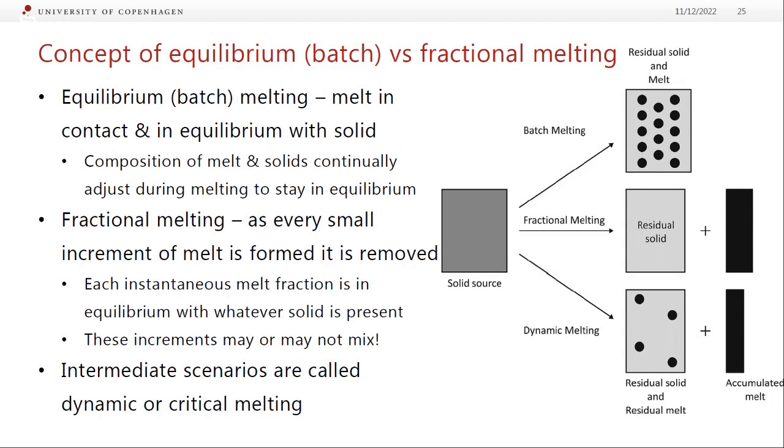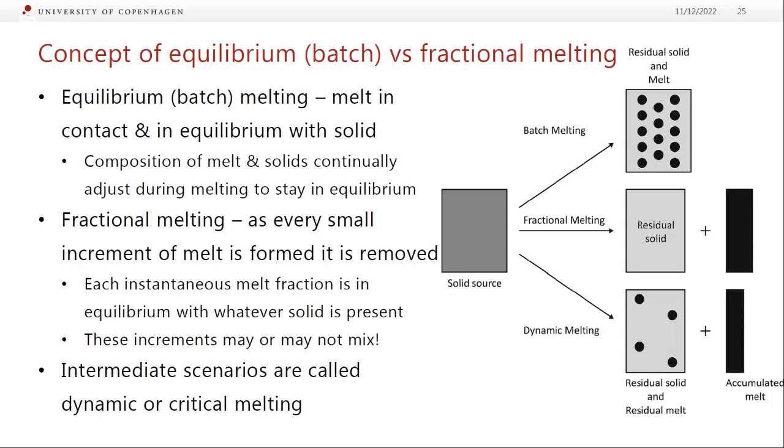So, for equilibrium or batch melting, we are producing a melt, but it's staying in contact with the solid. And because it's staying in contact with the solid, it's chemically exchanging with it, it's the same temperature. And as you produce more melt, both the composition of the melt and the solid are going to adjust so they're always in equilibrium.